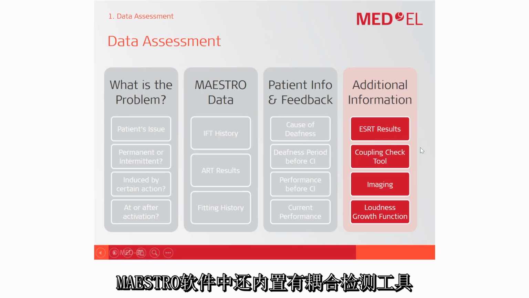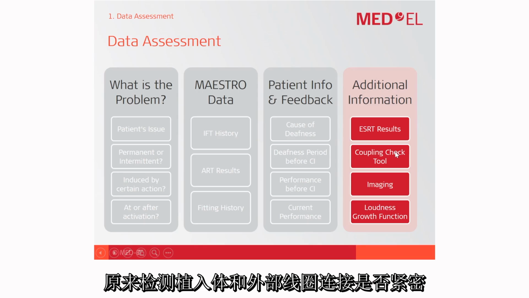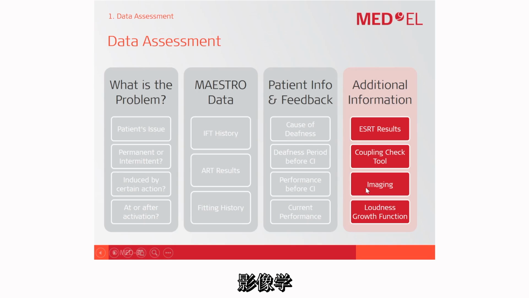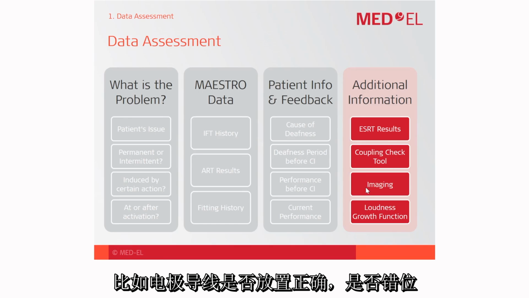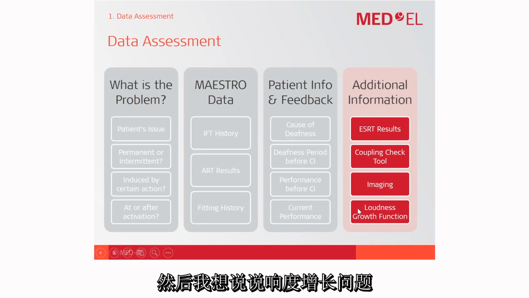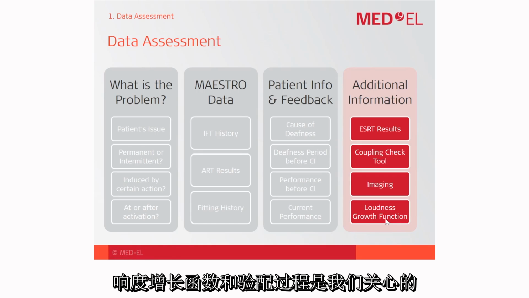Maestro also includes a coupling check tool which gives you an indication about the link strength between the external coil and the implant. Imaging could help in some problem situations to really know if the electrode array is positioned correctly or migrated over time. And last but not least, I would like to address loudness growth functions as far as the fitting process is concerned.